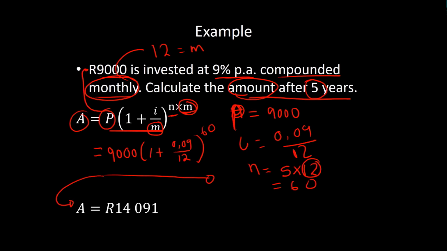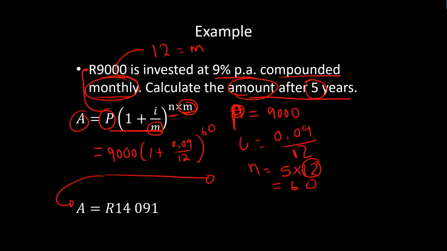So the final answer is not the only important thing here. What's important is the way we got to this answer. How did we get to this answer? We had to remember that we needed to multiply n by the number of times compounding took place. So we needed to multiply n by 12. We also needed to divide our interest rate by 12.